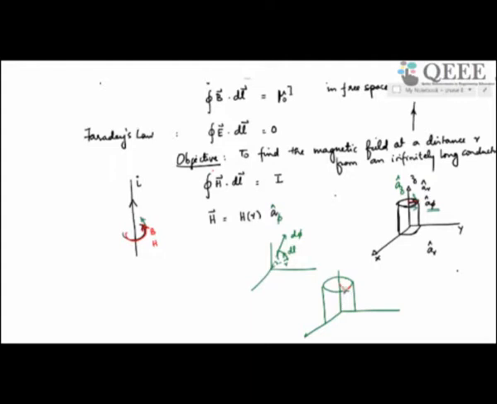So from the center, this is my DL, and this angle is my D phi, and this radius is my R.